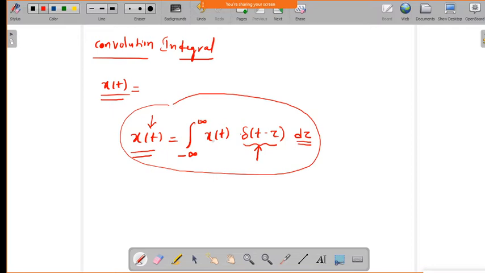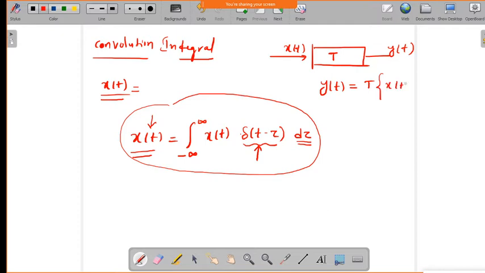Now we can express this in terms of the system's response. For example, if you have an input signal x of t and you pass it through a system, represented by T, you will get the output y of t. So y of t equals the system's response to this input signal.